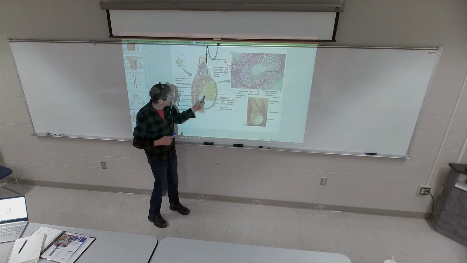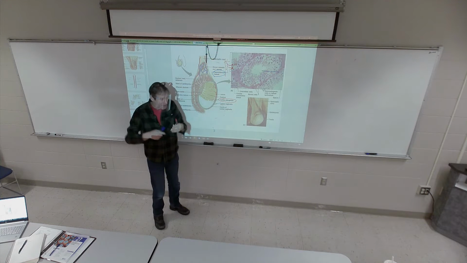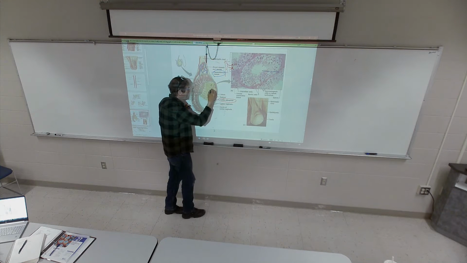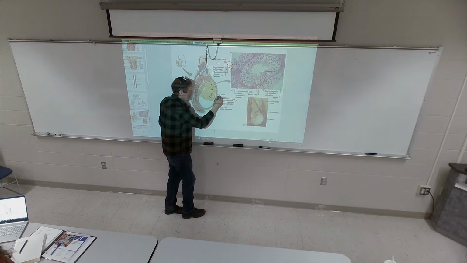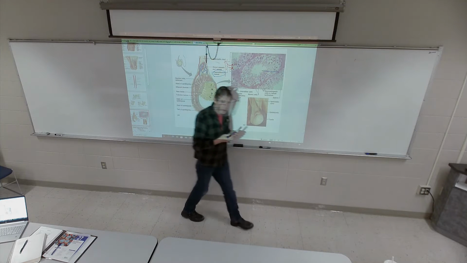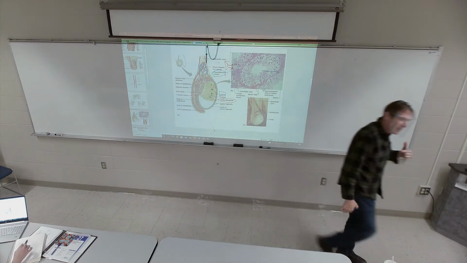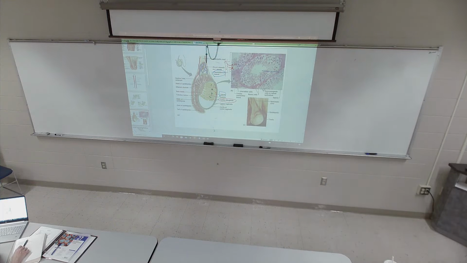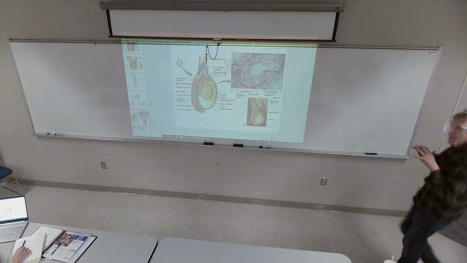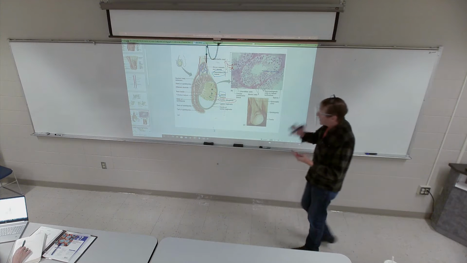But this tunica albuginea makes all these little septa, or it grows into the testes, separating them into subcompartments or lobules. I just want to mention this because you'll see this in a lot of organs. A lot of your internal organs, pancreas, liver, lungs, many others, the organ is compartmentalized by connective tissue sheets.